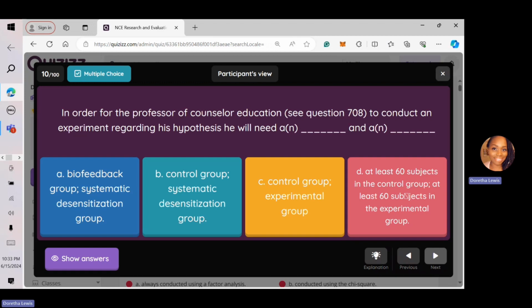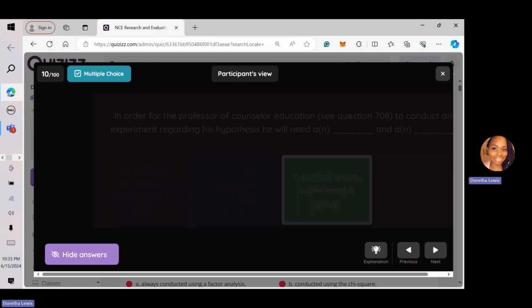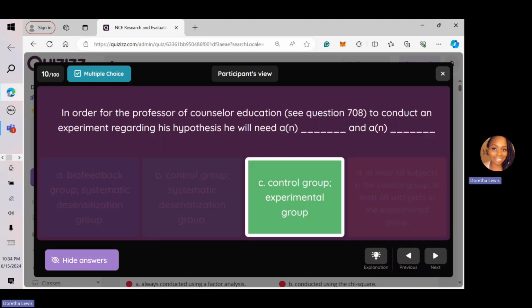All right, so let's look at the answer. He will need to have a control group and an experimental group, right? So when you have research, often used is two groups, right? The experimental group, right, is the one who will get the manipulation, right? That's called the independent variable.